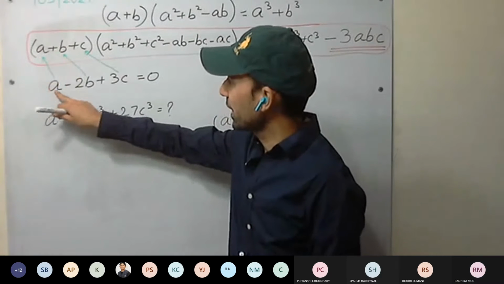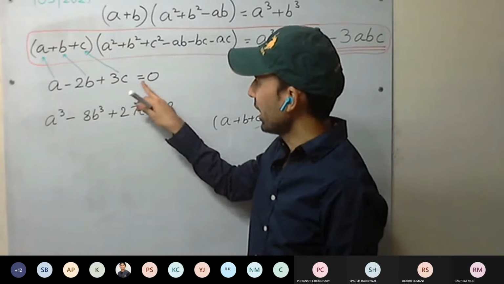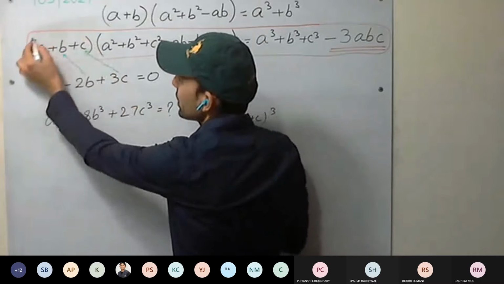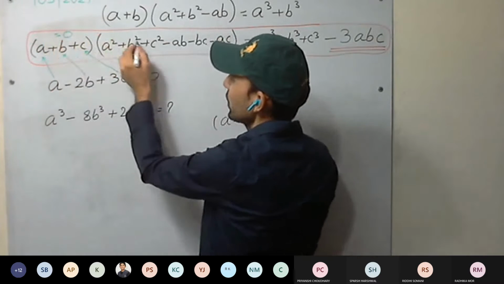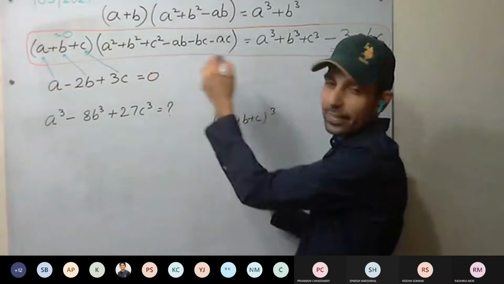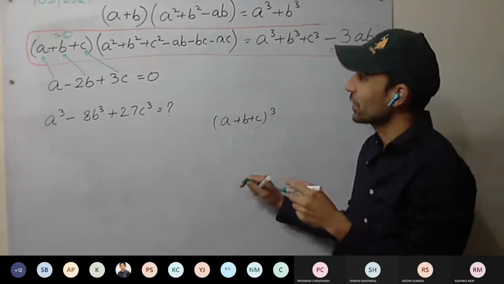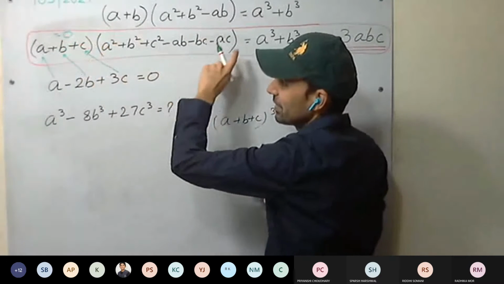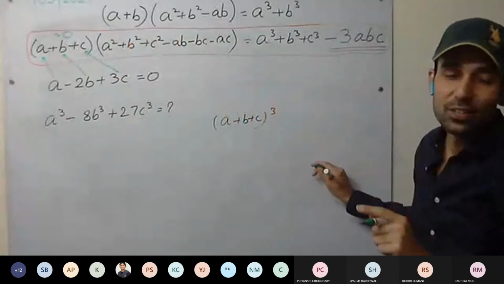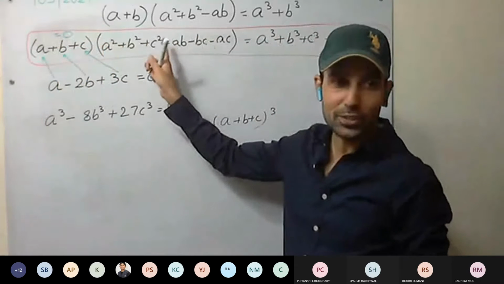If instead of a we write a, instead of b we write minus 2b, instead of c we write 3c, and this is equal to 0, it means this whole thing is equal to 0. If this is 0, 0 multiplied with anything, what are we going to get on the left hand side? It equals this whole product. How much will it be?